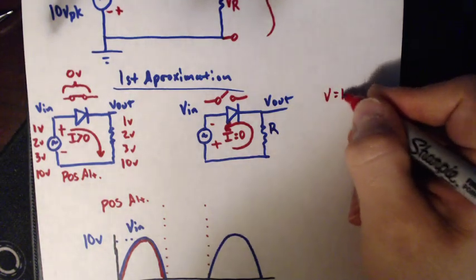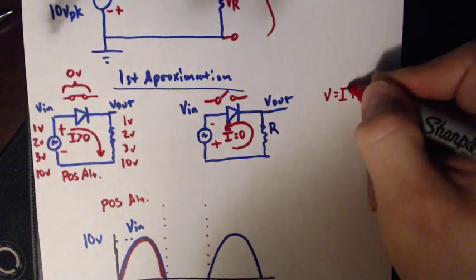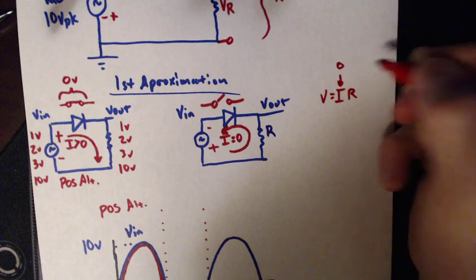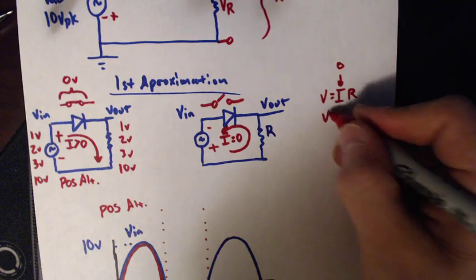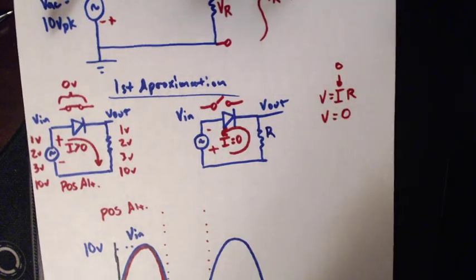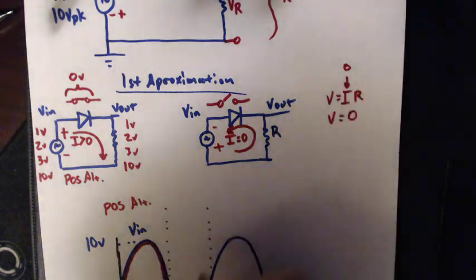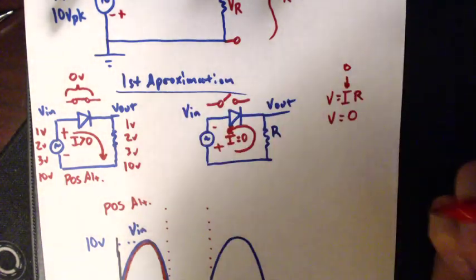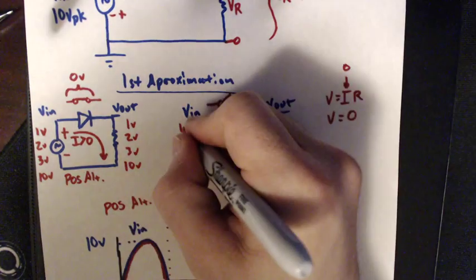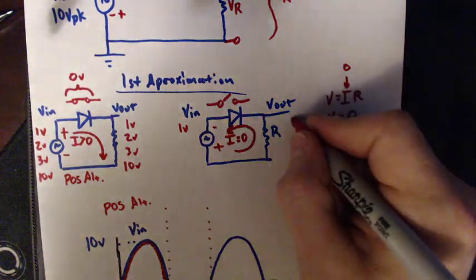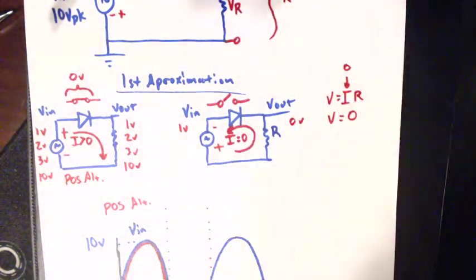Well, V equals IR, and if I is always 0, then V is always 0. So V out is always 0.